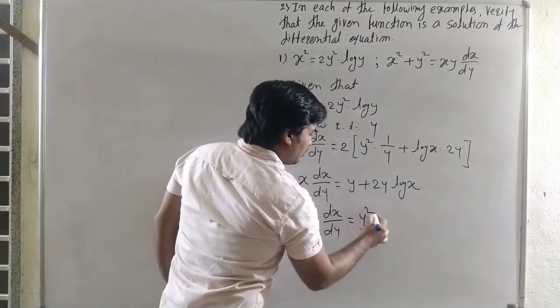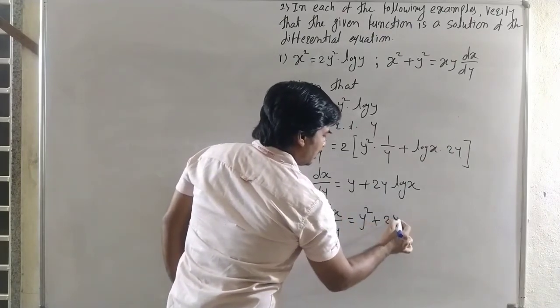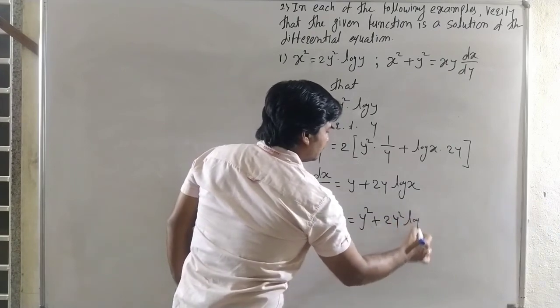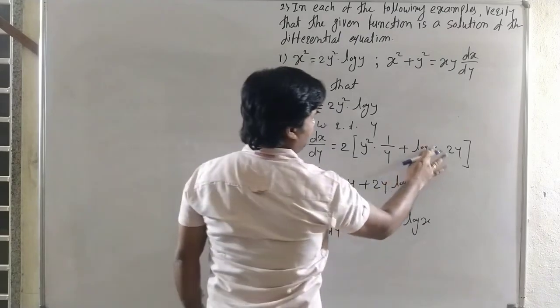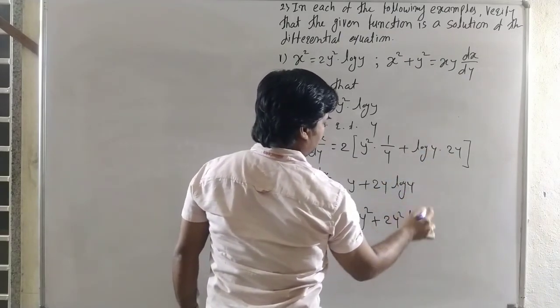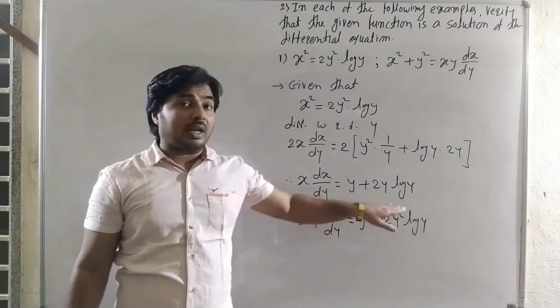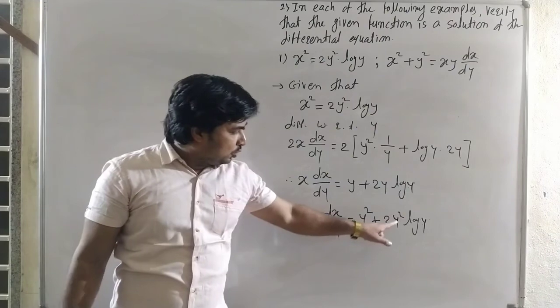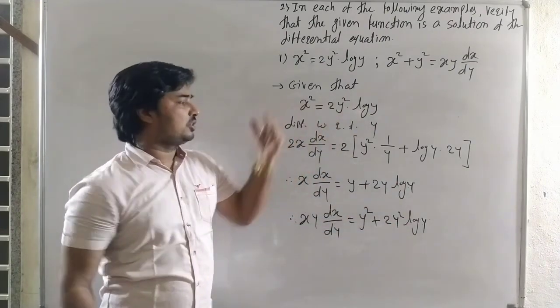Then it is y square is equal to y square plus 2y square log y. We multiply by y. Again here 2y square log y.